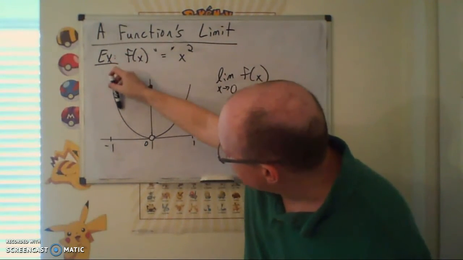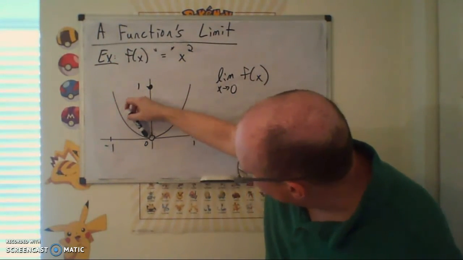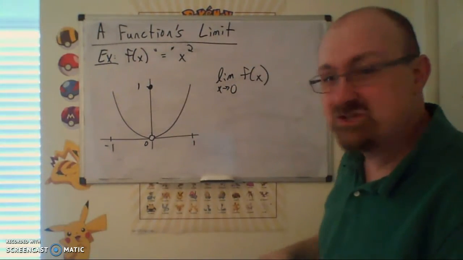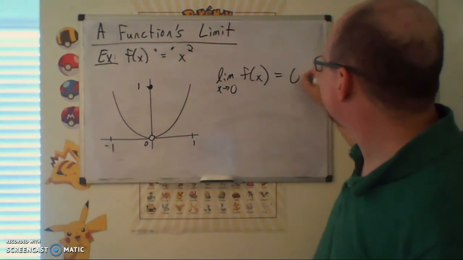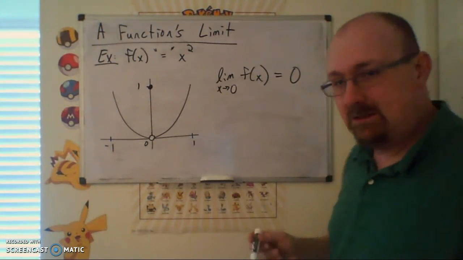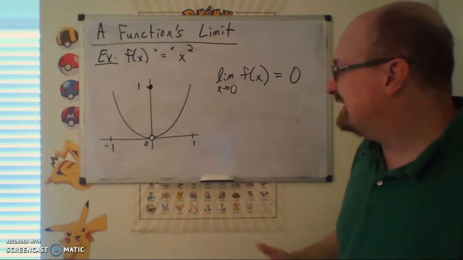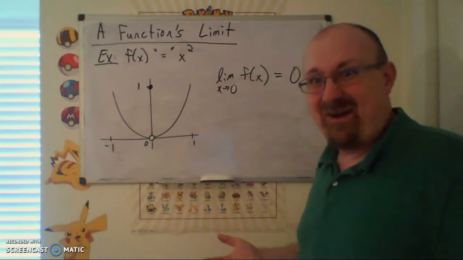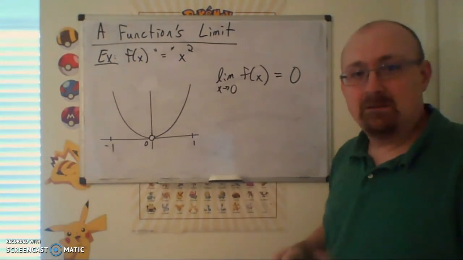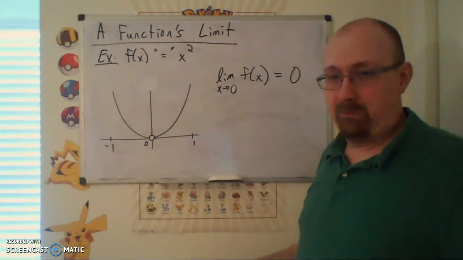Again, same deal over on this side. As our bug walks close to this, it's always closing in on 0. It doesn't know about this jump right here. So as it turns out, that limiting value is still 0. It doesn't even matter if the function is defined at all right there. I could just eradicate that in its entirety, and we just have the quadratic with a hole in it.